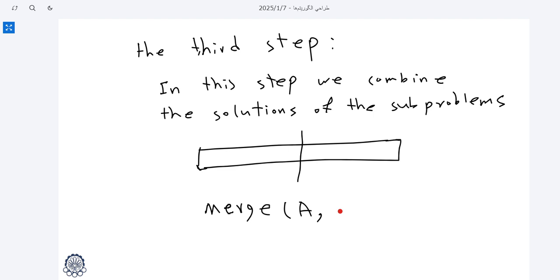So merge gets the two parts and combines them. We get as input to the merge algorithm array A, first index, middle index, and the last index. And this algorithm should combine the two parts. But how can we combine the two parts? It needs some explanation.